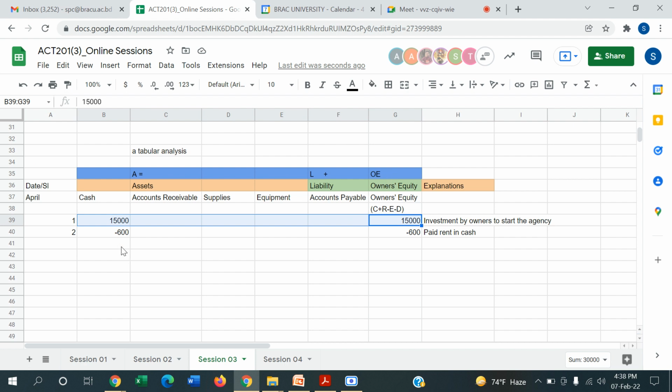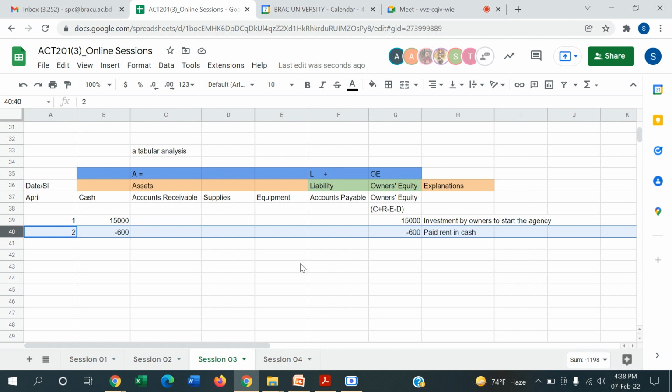Okay, second one. What is the total asset at this moment, if you consider only the second one? Negative 600. What is the total liability and owner's equity? Negative 600 as well. So assets equal liabilities plus owner's equity.